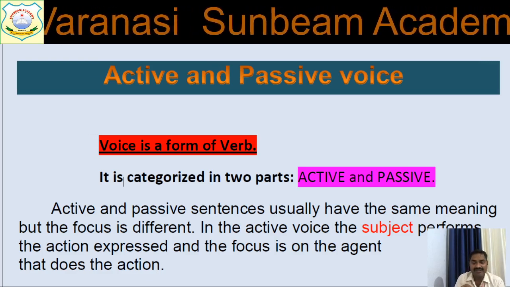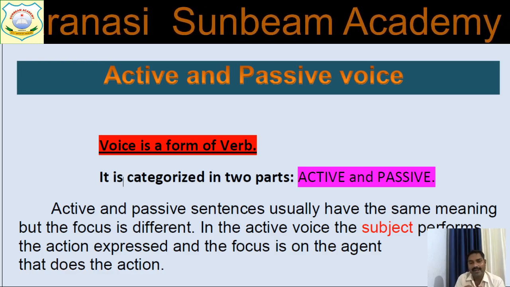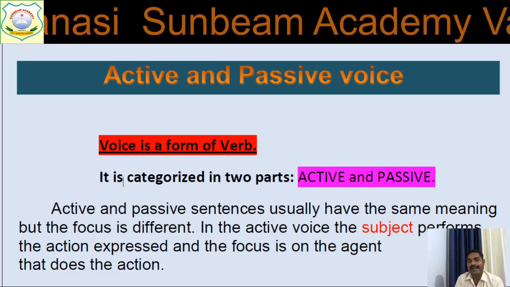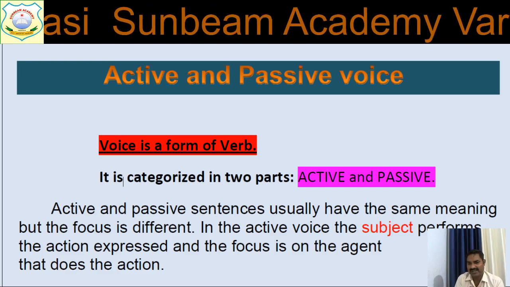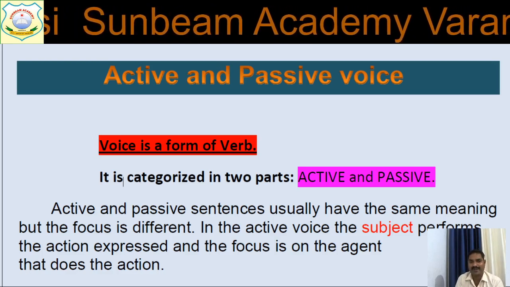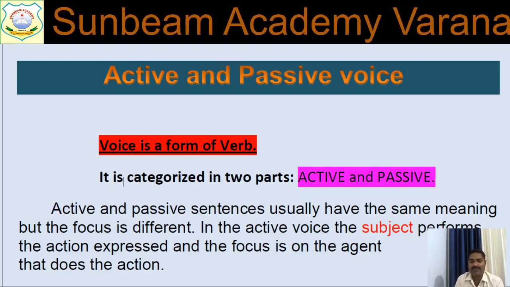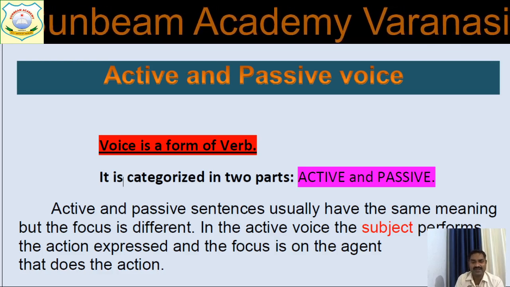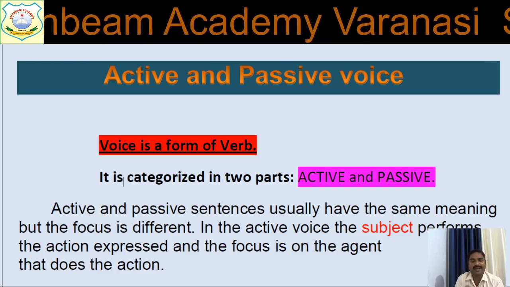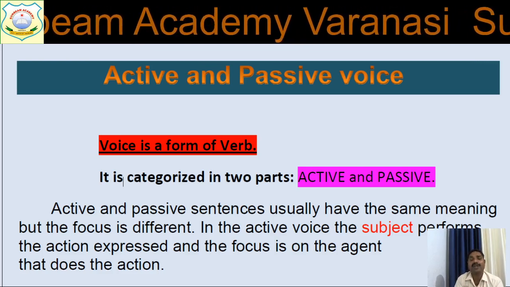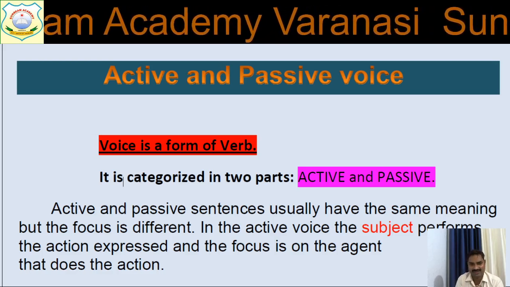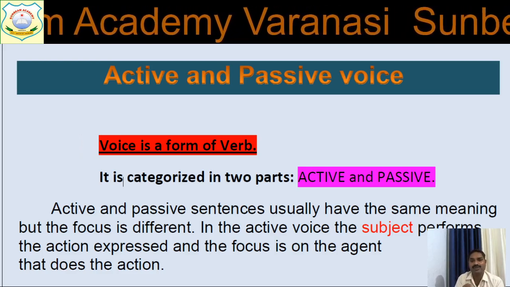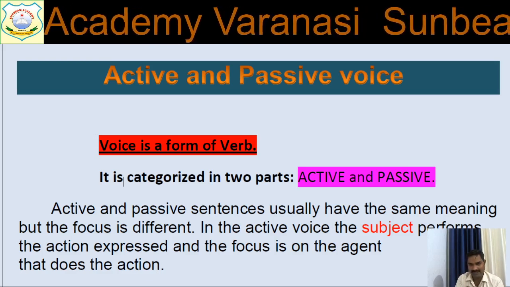Okay, and number three is that when you want to write any headlines, whether it is in a magazine or newspaper or on the display board or anywhere. If you want to highlight the news, the main thing that is to be conveyed to the reader or spectators or visitors, there you will make use of passive voice. Okay.